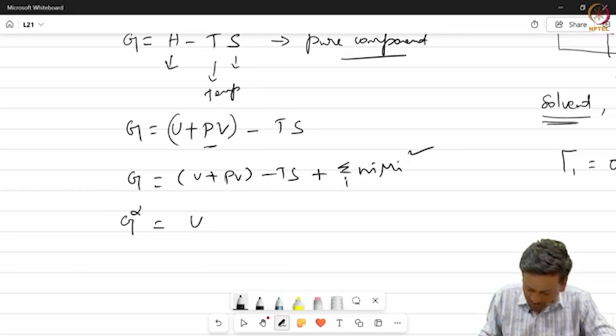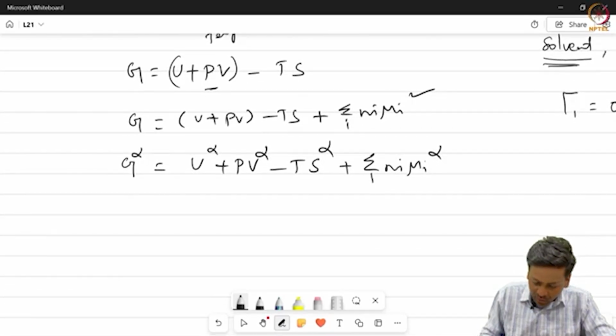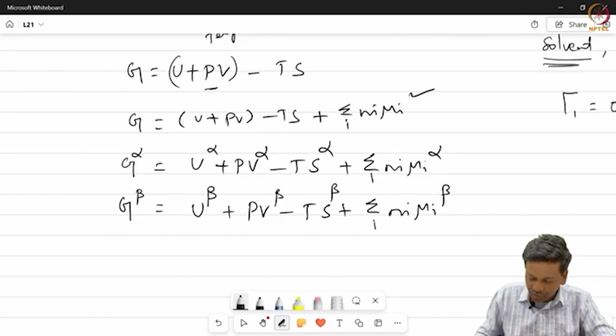This is going to be U alpha plus PV alpha minus TS alpha plus the summation over i of n_i mu_i alpha. In a similar way, you can also define the other bulk phase, that is beta itself: U beta plus PV beta minus TS beta plus the summation over i of n_i mu_i beta.